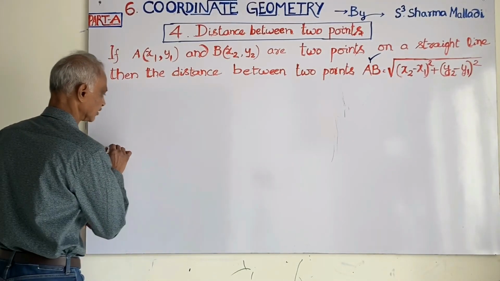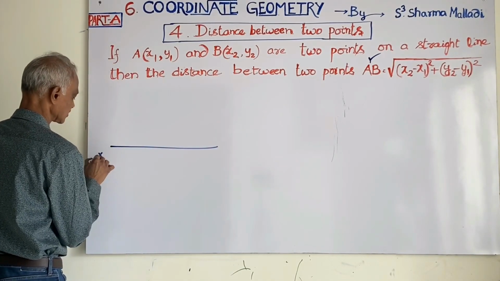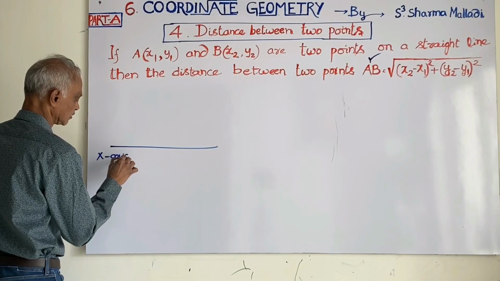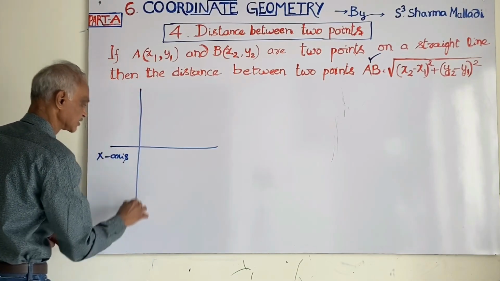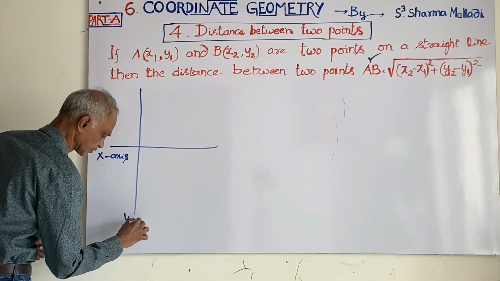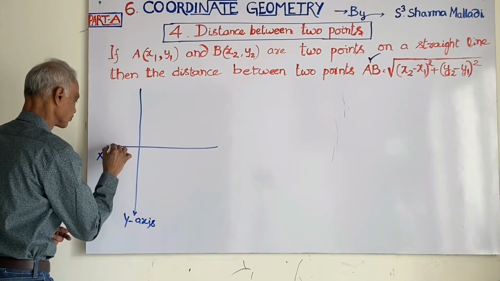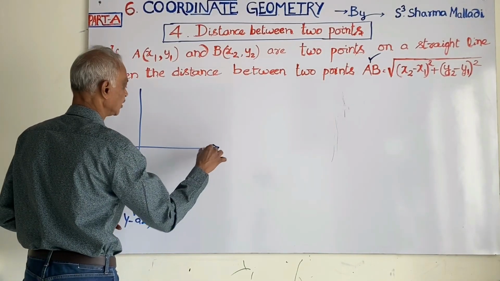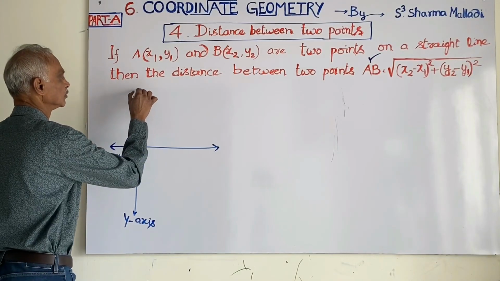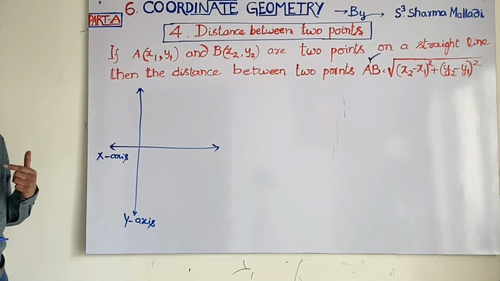Now this is the x-axis and this is the y-axis. You have to take a straight line, and take 2 points on the straight line.